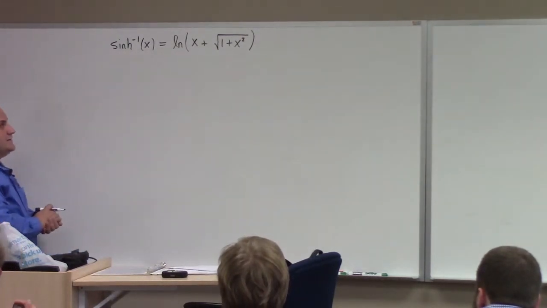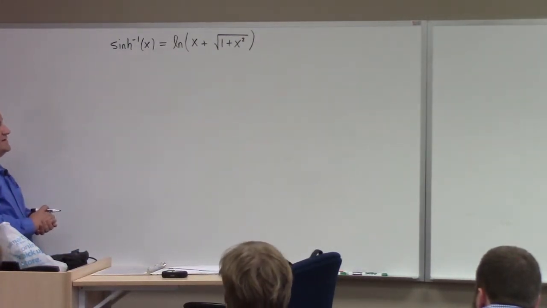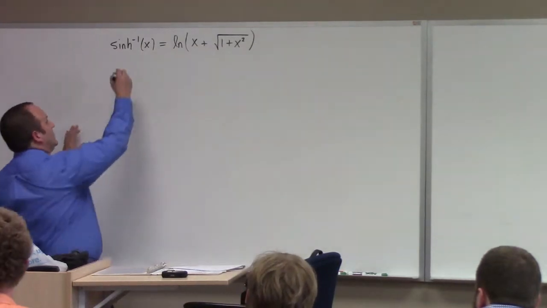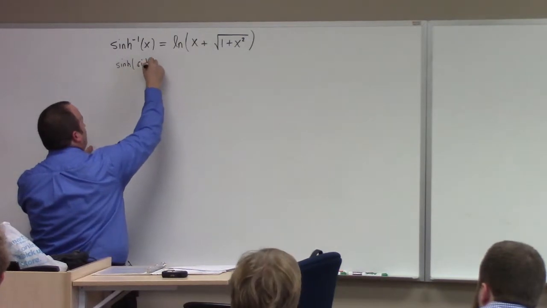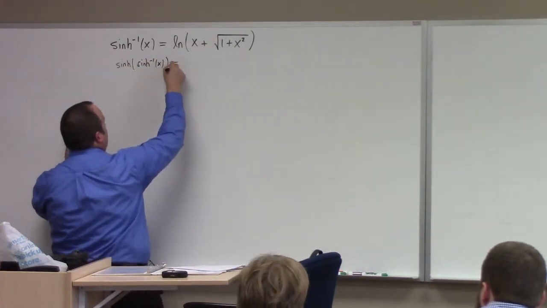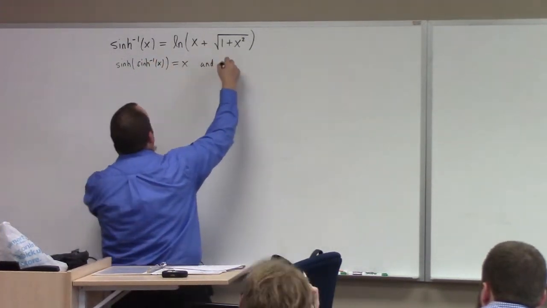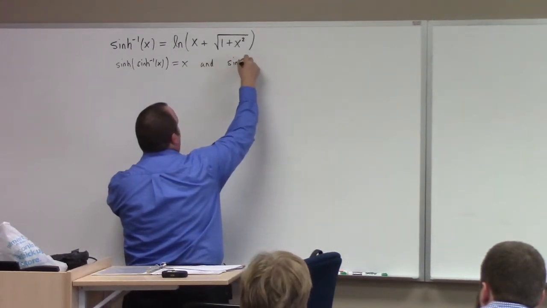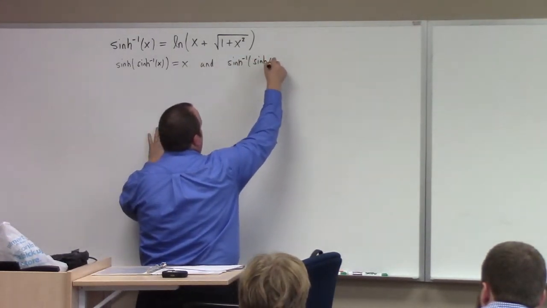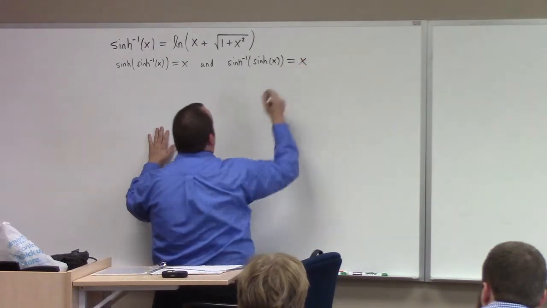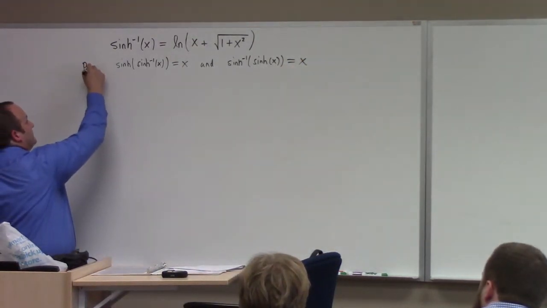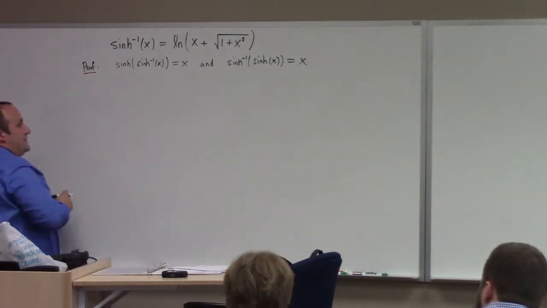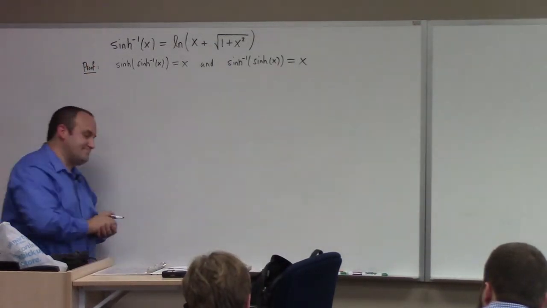And then what Larson said is that, well, you can check. You can show that sinh of the inverse sinh of x is equal to x and sinh inverse of sinh of x is equal to x. And if you show both of these equations are true, then that means that it actually is the inverse function, right?